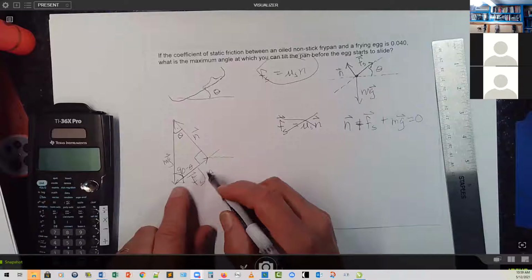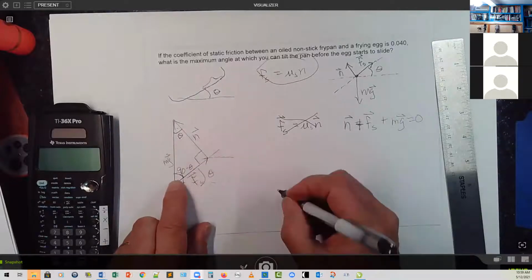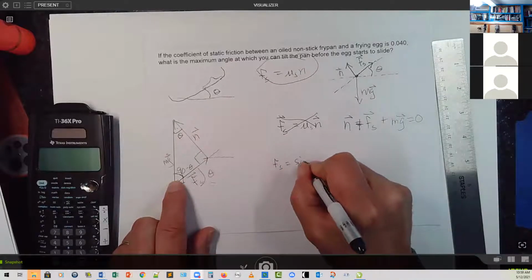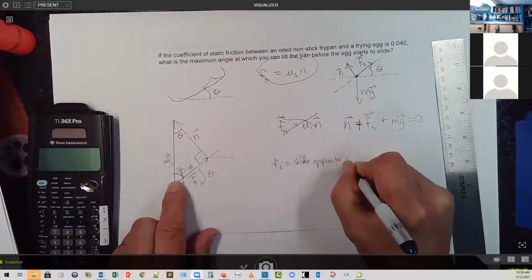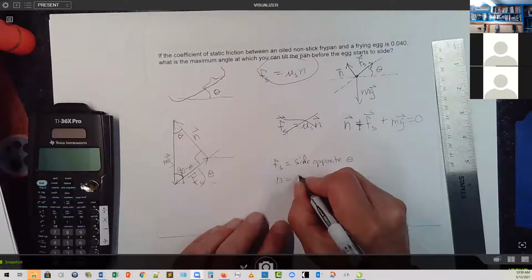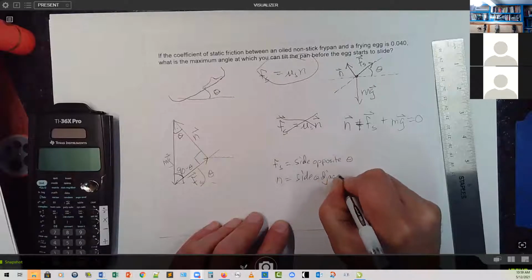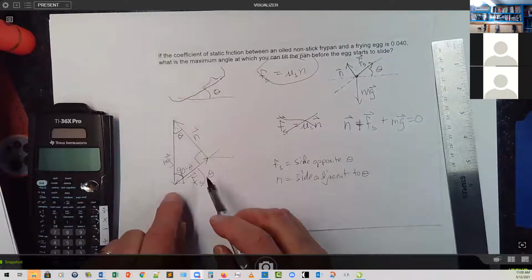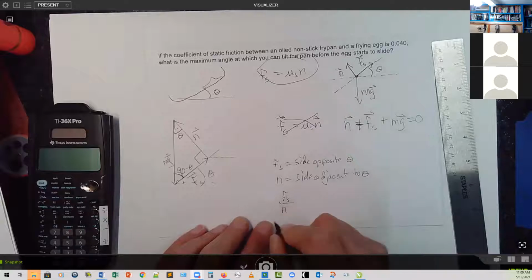And I look at this, the side opposite that angle theta is F sub s. So F sub s is the side opposite theta. N is the side adjacent to theta. And so F sub s divided by N is going to equal the tangent of theta.